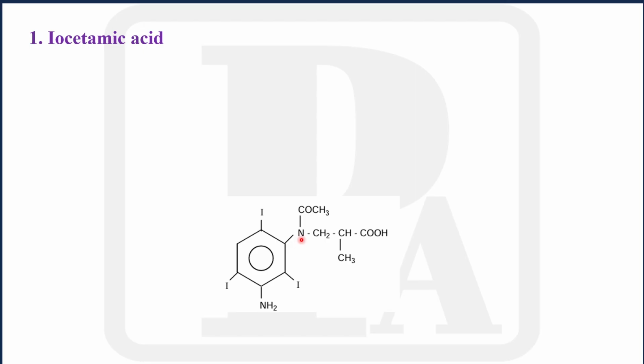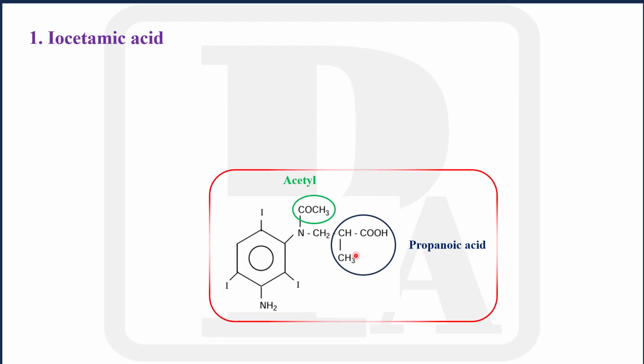This tertiary nitrogen is connected to acetyl, and it is also connected to methyl. That methyl is connected to propanoic acid. So what is iositamic acid? We have the phenyl with 3 iodines, 2 amines, one primary and another tertiary. The tertiary is connected to acetyl, then to methyl, and that methyl is connected to propanoic acid.